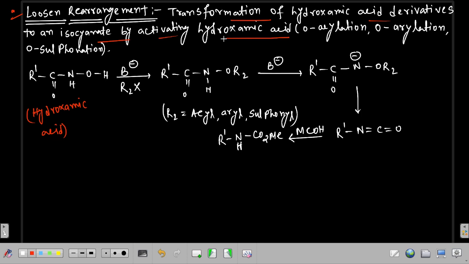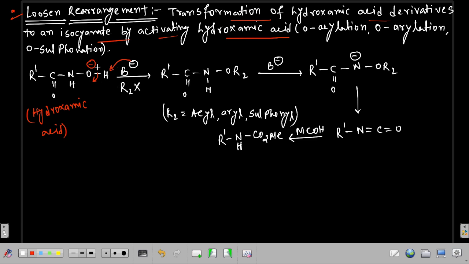We are activating this hydroxamic acid by O-acylation, O-arylation, and O-sulfonation. Here we are using the base, so base will abstract this proton of this hydroxamic acid, and it leads to the formation of O minus.